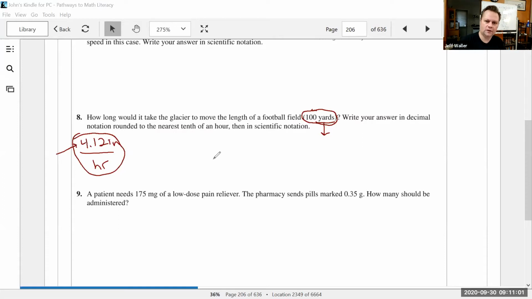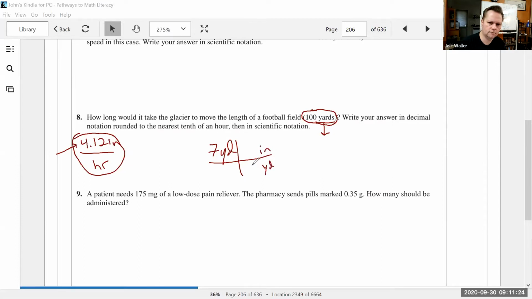Yes. So if I know I want to go, let's pretend I want to go, you could do it, Jeff, 7 yards. How far is that? So the first thing I've got to do is make them the same units. Do you guys remember the shortcut we made up from yards to inches?